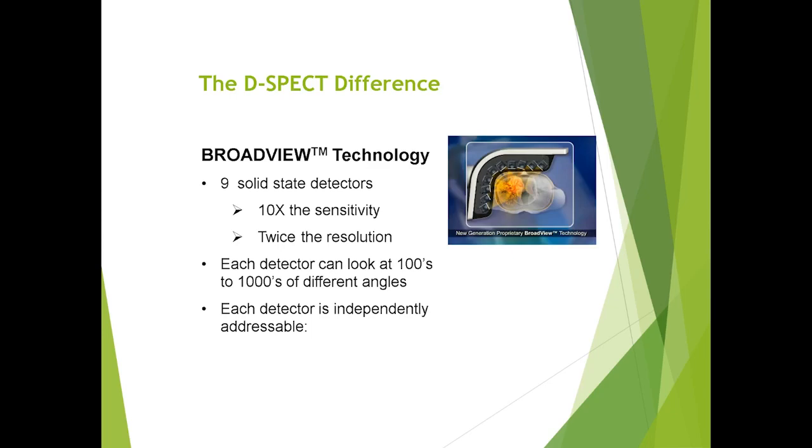Instead of having two detectors that move around the patient, here we can see that there are actually 9 solid-state detectors housed in the unit, and these 9 detectors sweep their fields of view across the patient, but specifically around the region of the heart, and independently acquire images. The result is a significant increase in sensitivity and improved resolution as a result of the technology.